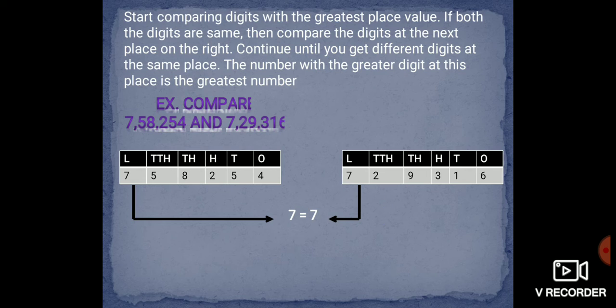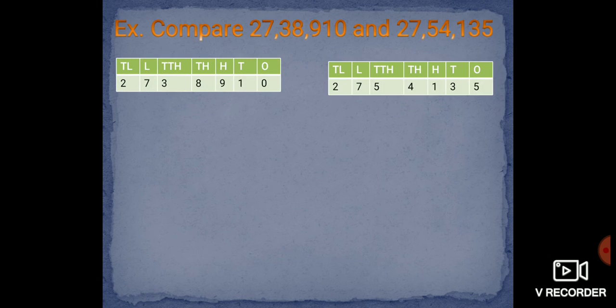So we will compare the second place value, that is 10,000s, 5 and 2. 5 is greater than 2, that means 7,58,254 is the greater number. This is one more example. You need to move on to the next place values till you get a different digit.